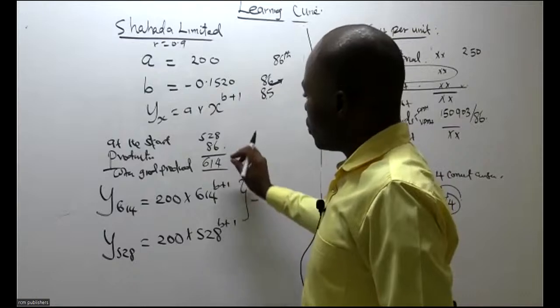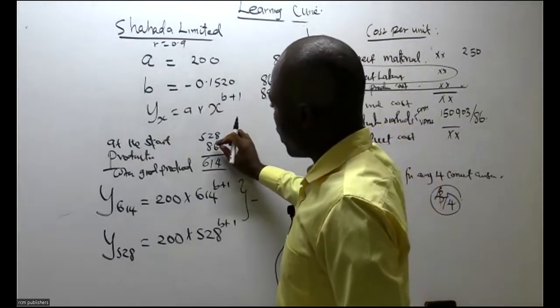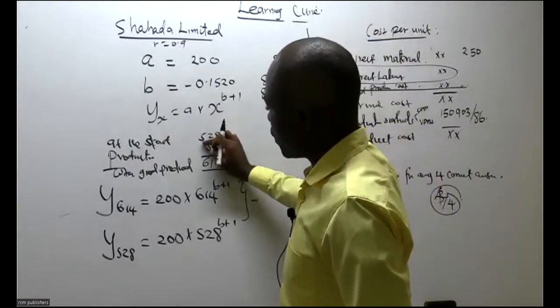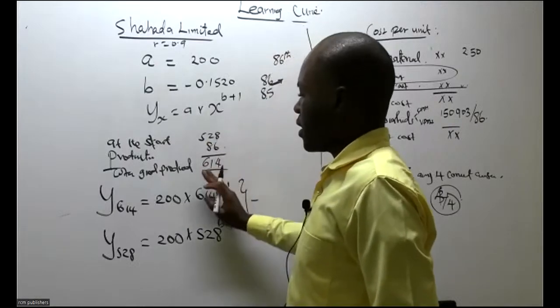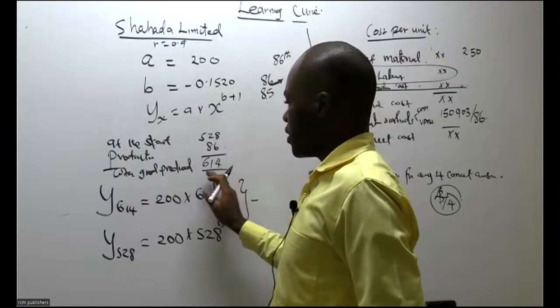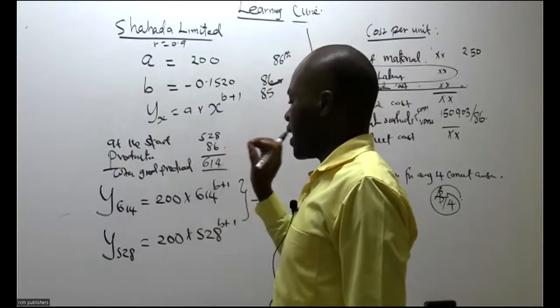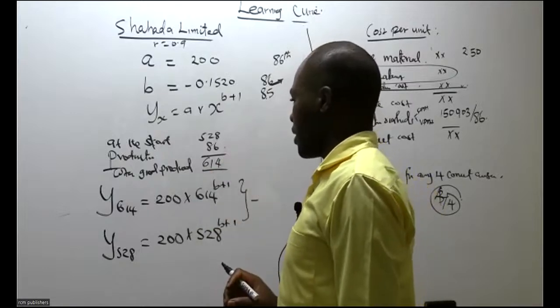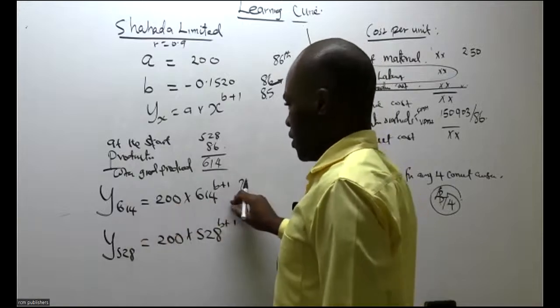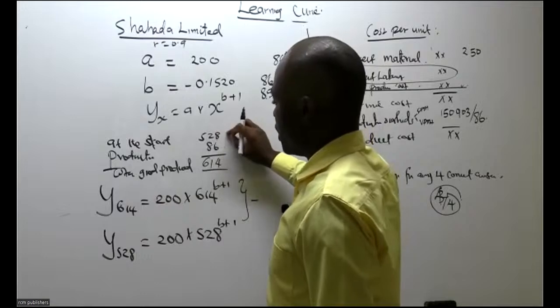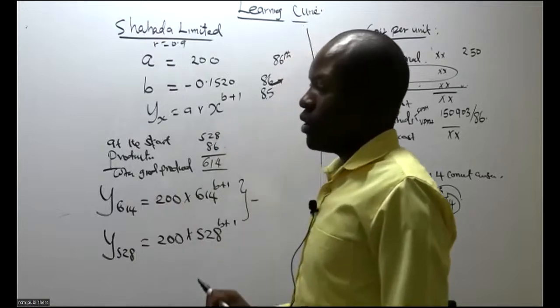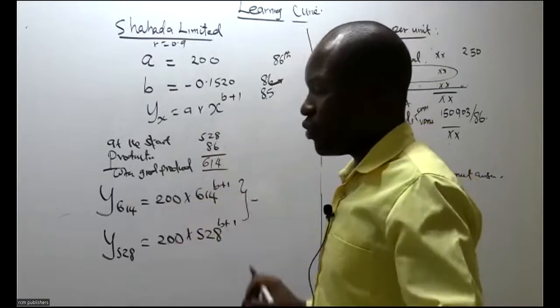Here, we want the total labor hours we are going to incur to produce the 86 units. I take the total of everything, 614, because they are still under the learning curve, and less the time taken to produce the first 528. The difference will be for producing the 86 units.